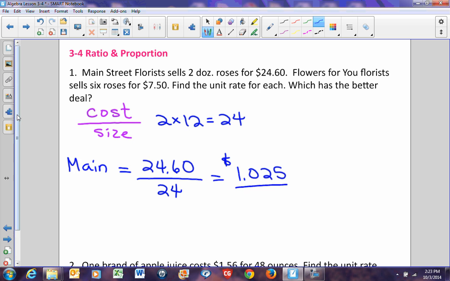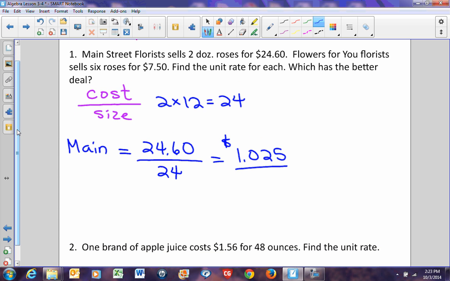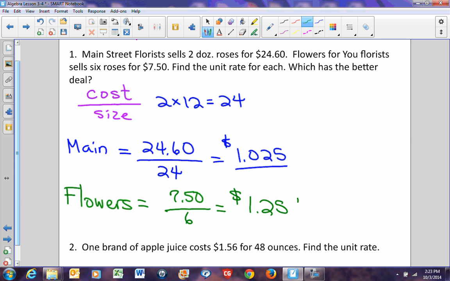But we need to make sure that we're not confusing ourselves. So if we look at the next part of the problem, it says Flowers for You sells 6 roses for $7.50. So let's do that in green. So the Flowers place is $7.50 for 6 roses. So if I take 7.50 divided by 6 on my calculator, I'm going to get $1.25 per rose.